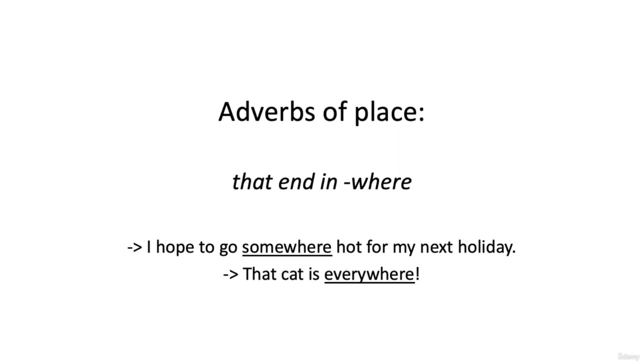For example, I hope to go somewhere hot for my next holiday. This sentence refers to any place that is hot, not a specific place. That cat is everywhere. This sentence means that the cat is in many places, but doesn't indicate any specific ones.